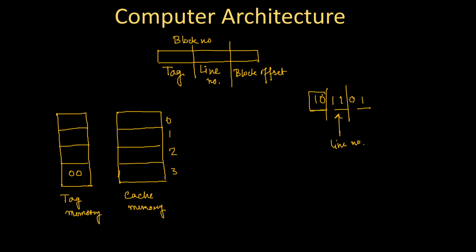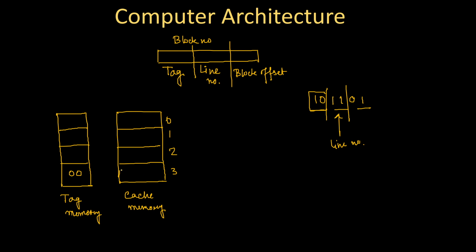So there will be a cache miss, and then it will go to RAM, and from the RAM the data will go to that particular cache. That means this 00 will be overwritten by this 10, and a new value will come into the cache line.